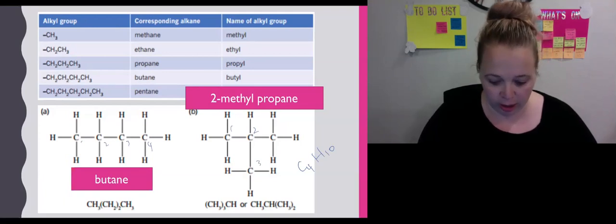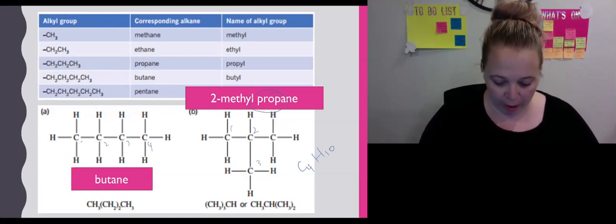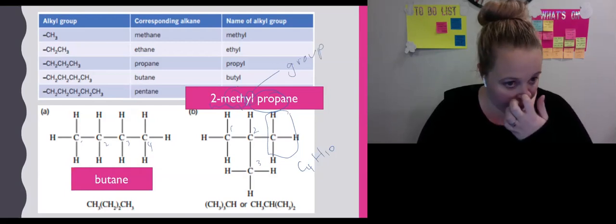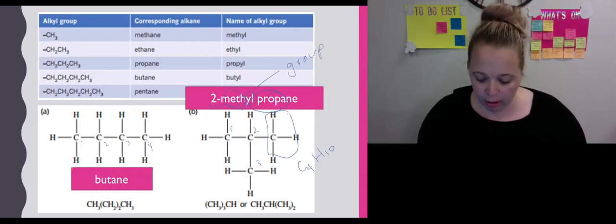The longest chain is 3. So it's actually a propane. And off the second carbon, yeah, we have what we call a methyl group. So that's a 1 carbon methyl, and the yl bit means it's a group, a side group, or a functional group, as we like to call them.